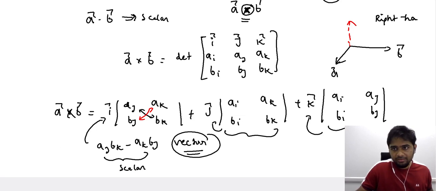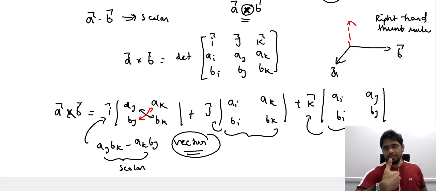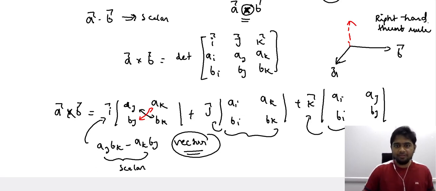When you move from A to B and your thumb points upwards, that is the direction of the A cross B vector here.